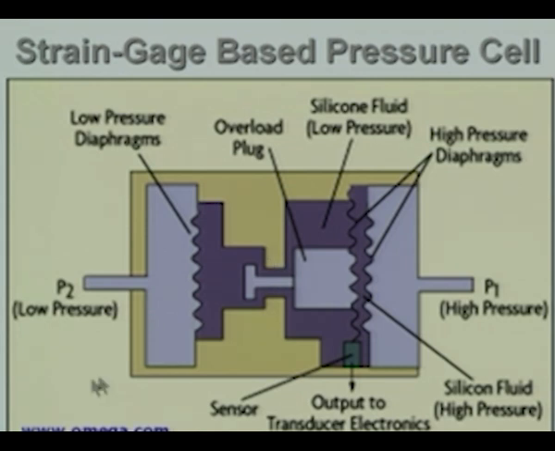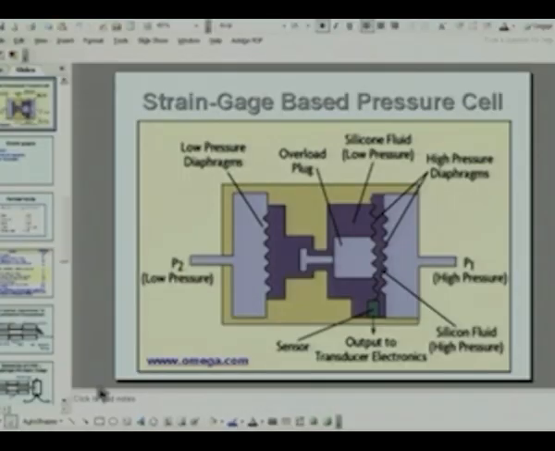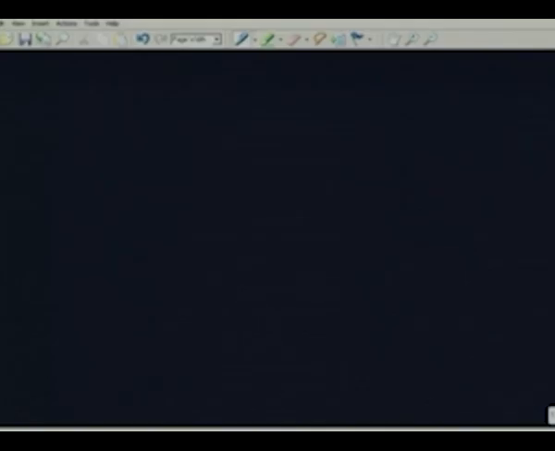So, now let us look at the theoretical background regarding the strain gauge, and for this I am going to go to the board and look at some of the principles.